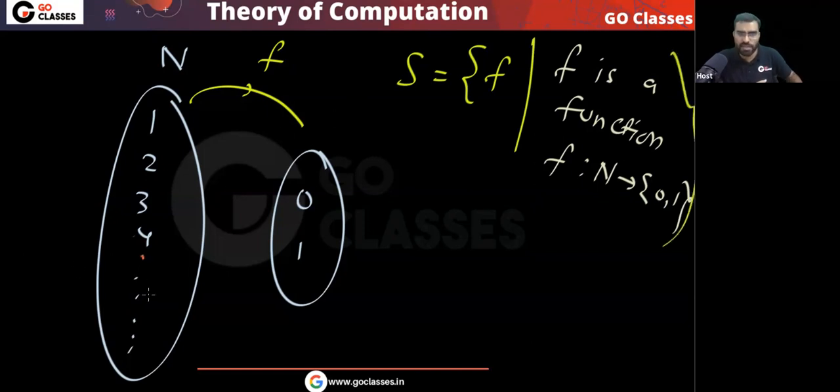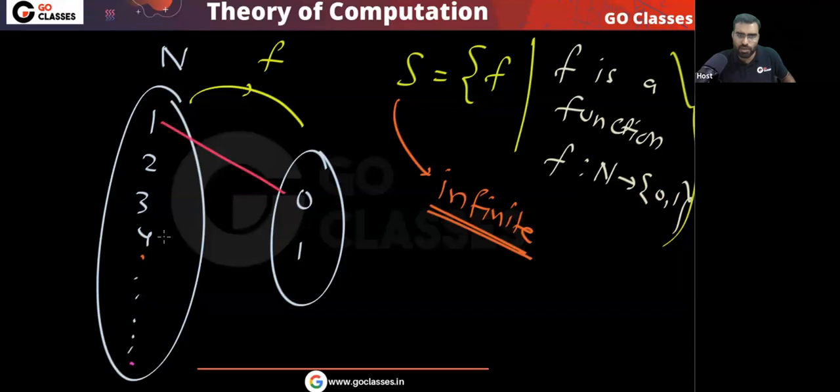Because this n is infinite, I can say this is infinite. You can create an infinite number of functions, some random functions, for example this type. So this is an infinite set. Is this clear? Please tell me.